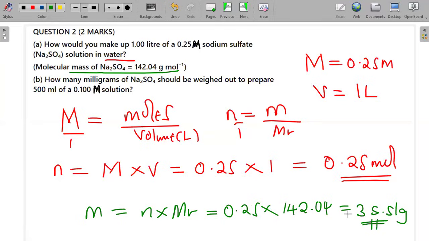Now that I've found the mass needed to make this concentration, I'm going to answer the question. The question was, how would you make 1 liter of this solution?